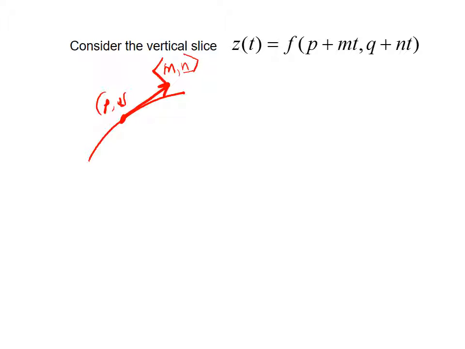So we can write the equation of any vertical curve in terms of z as some function of the x component and the y component at any point plus the directions with respect to t.